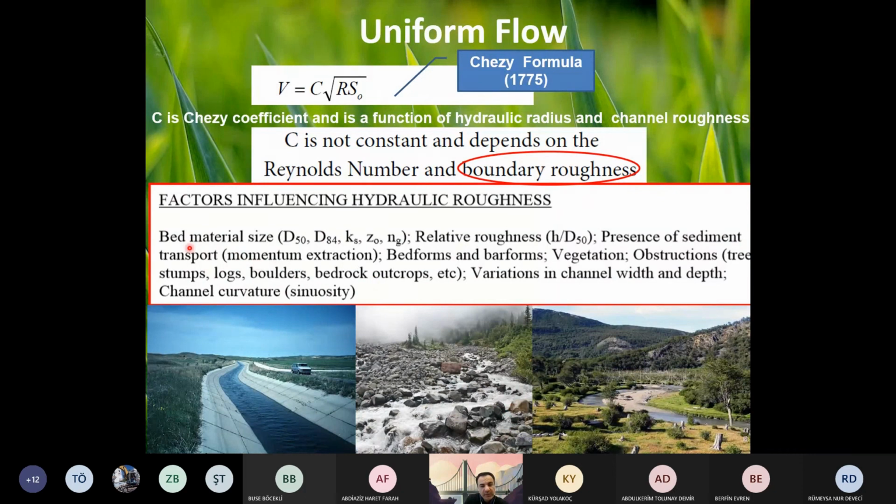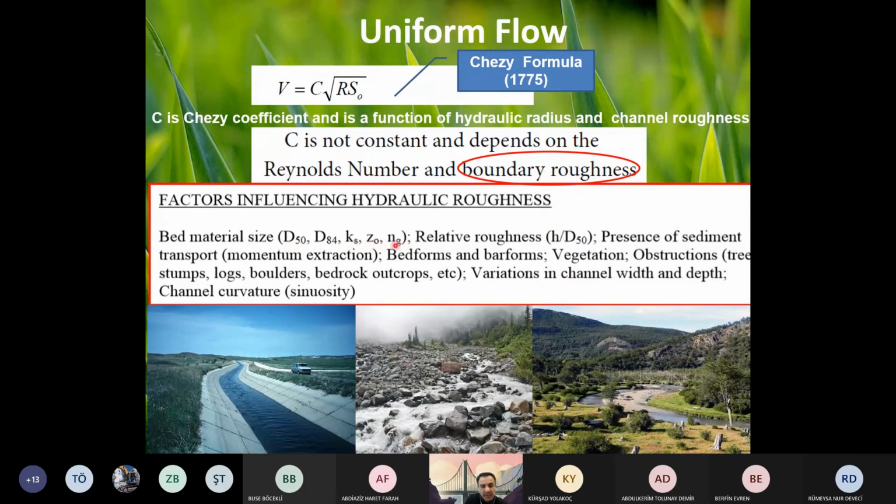Actually, you thought about bed material. These are bed material, for example, stone, rocks, grassland, trees. These are all bed material. And in bed material, we have different features like D15, D85, KS, Z0, NG.